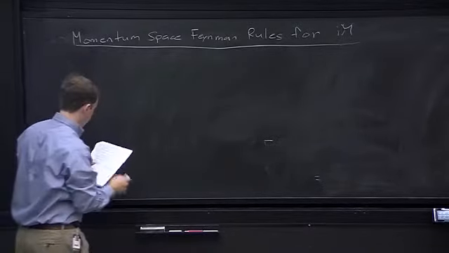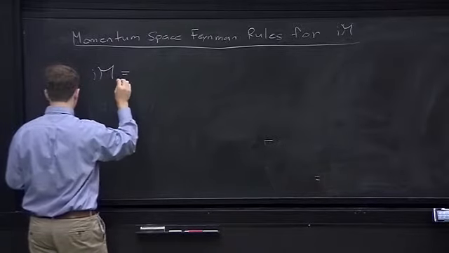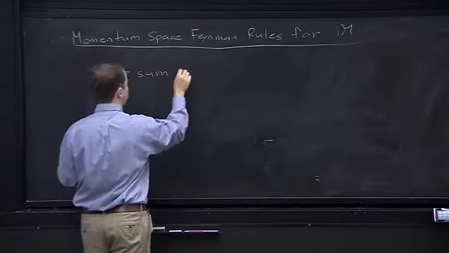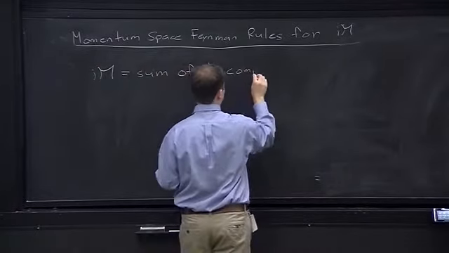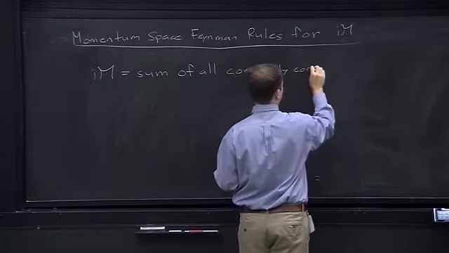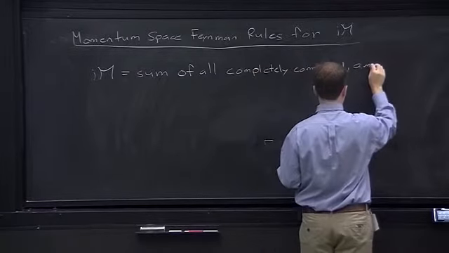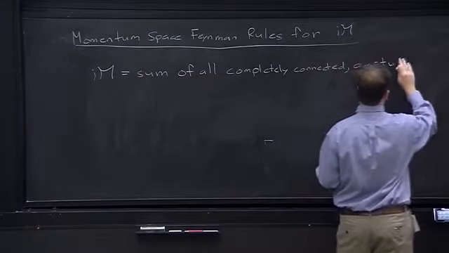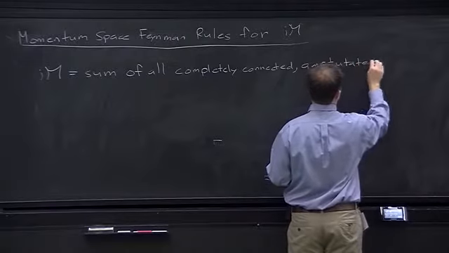So the first thing we see is that the matrix element is the sum of all completely connected and amputated diagrams.